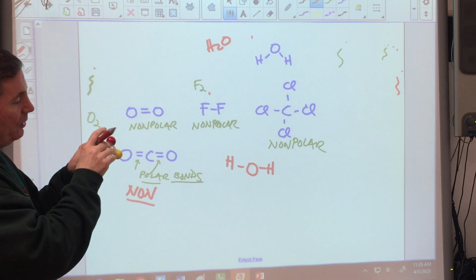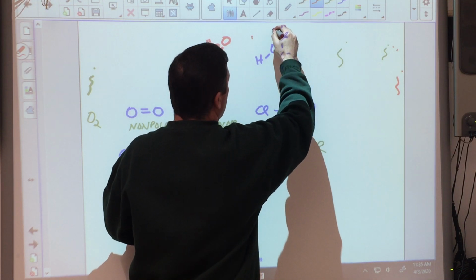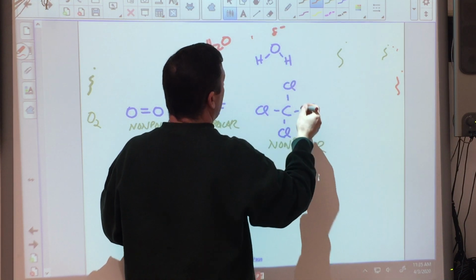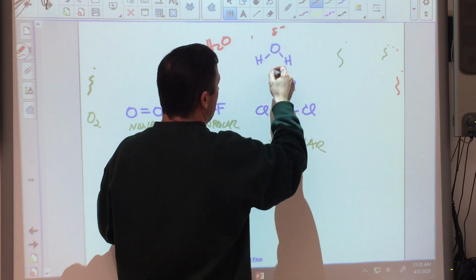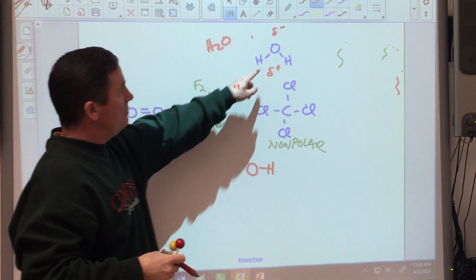Oxygen has greater pull than these hydrogens down here, and because of that, this area up here is slightly negative. The area across from it is slightly positive.